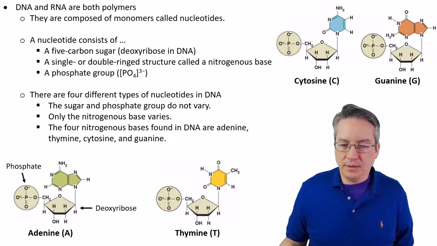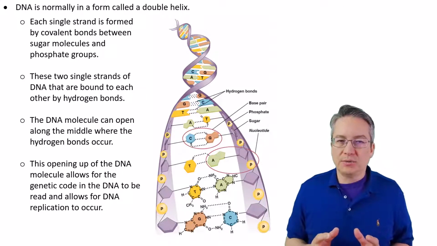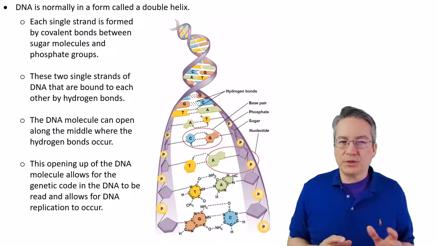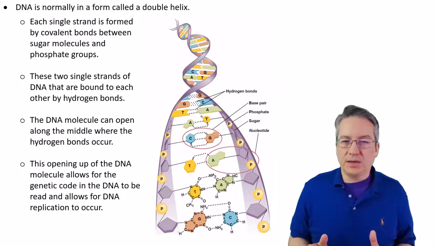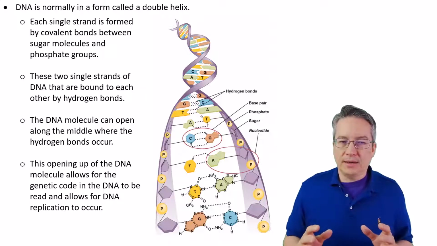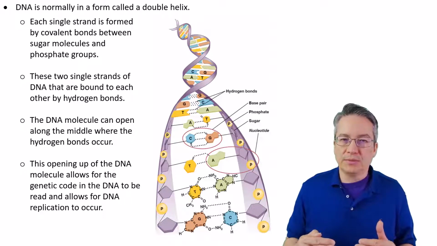Let's move on. So DNA is normally found in a double helix. Each single strand is formed by covalent bonds between sugar molecules and phosphate groups. So these sugar molecules and phosphate groups essentially make the backbone of each single strand of DNA, and attached to the backbone, of course, are the nitrogenous bases, which face inwards towards the middle of this helical structure.